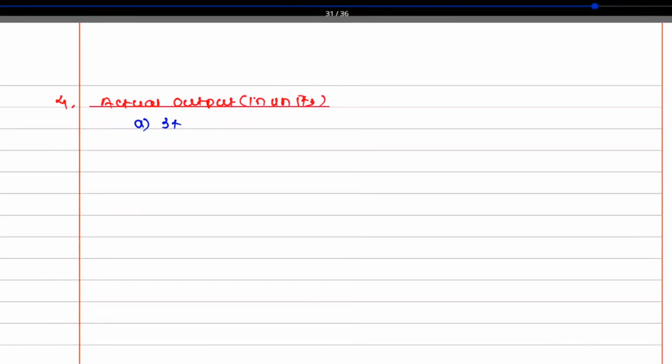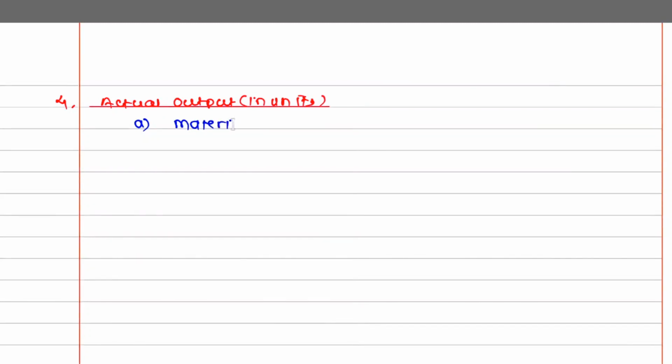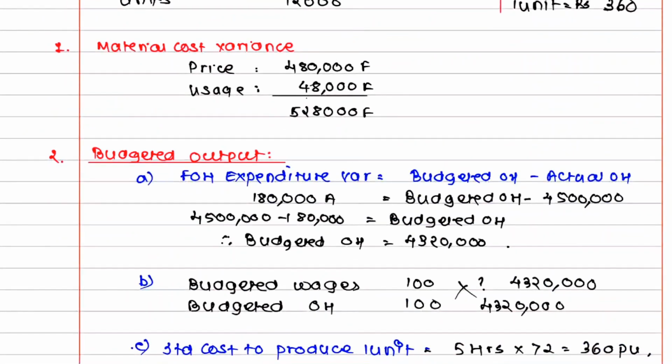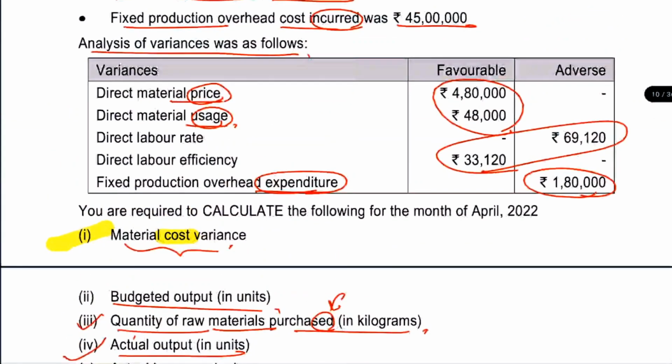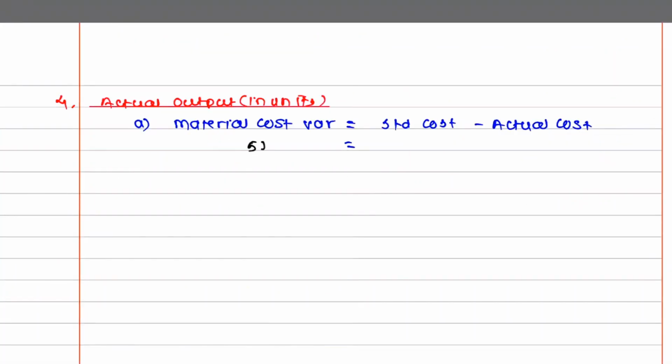Material cost variance is equal to standard cost minus actual cost. I do know the material cost variance, which I have calculated, 5,28,000. Even if you refer to the question, by adding these two you can get 5,28,000. That is going to be your favorable variance, so it is a positive value.